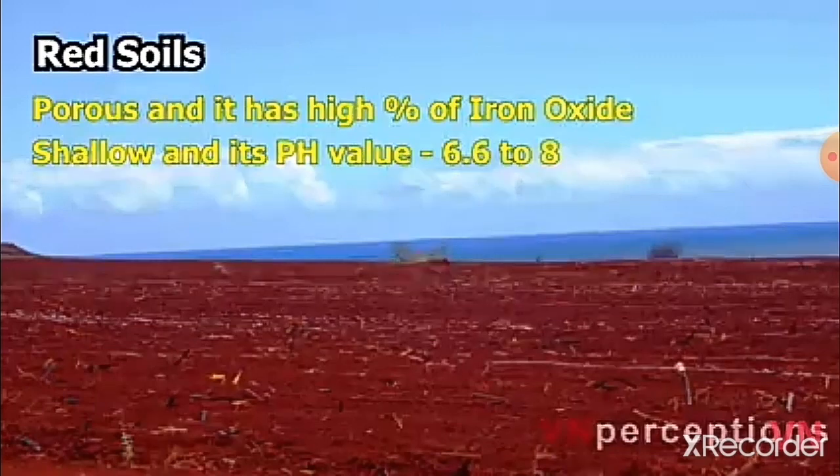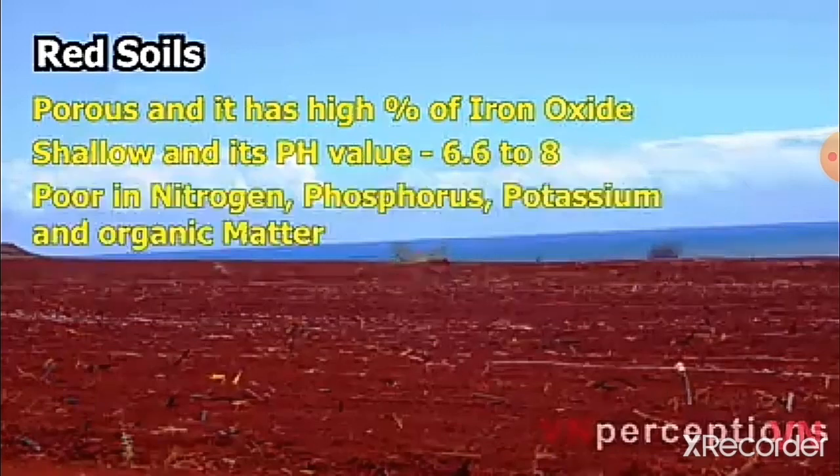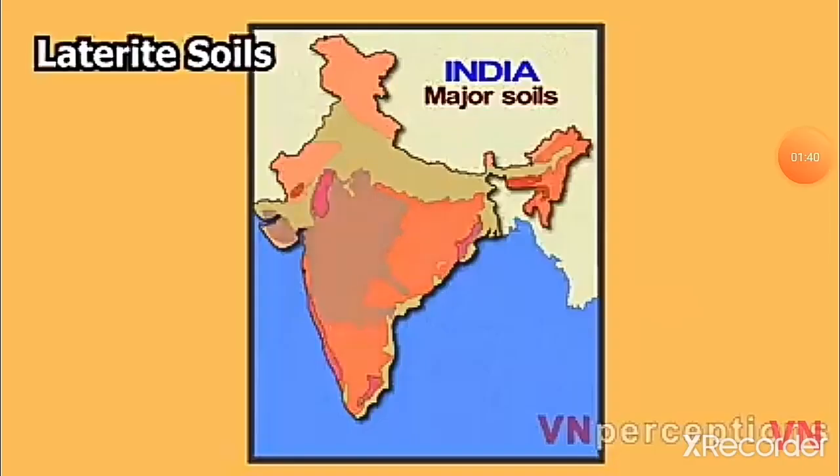It is generally shallow and its pH value ranges from 6.6 to 8. It is poor in nitrogen, phosphorus, potassium and organic matter. It is non-fertile but responds to fertilizer and it needs irrigation support for the cultivation of crops. It contains soluble salt in small quantity.